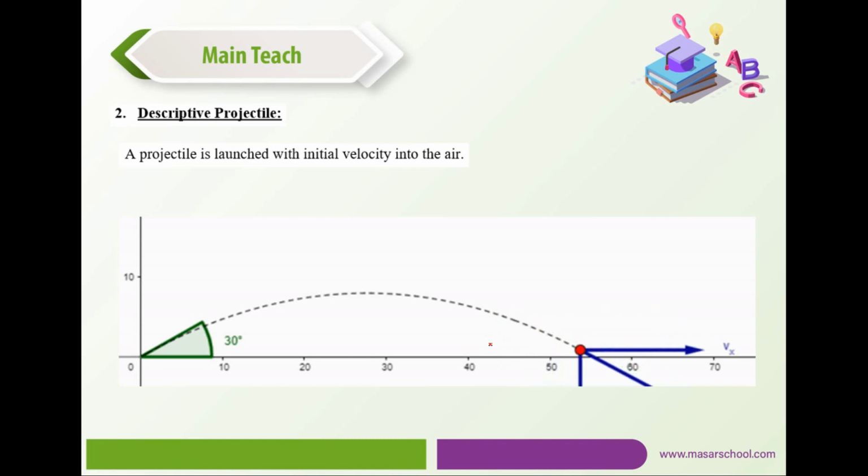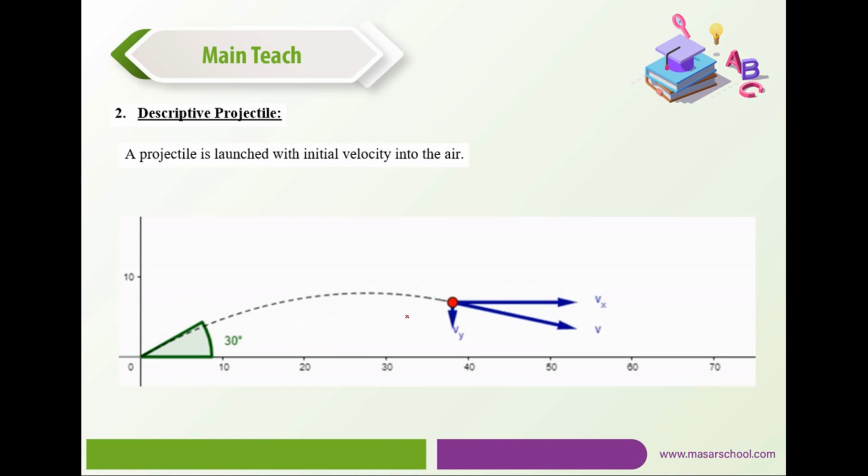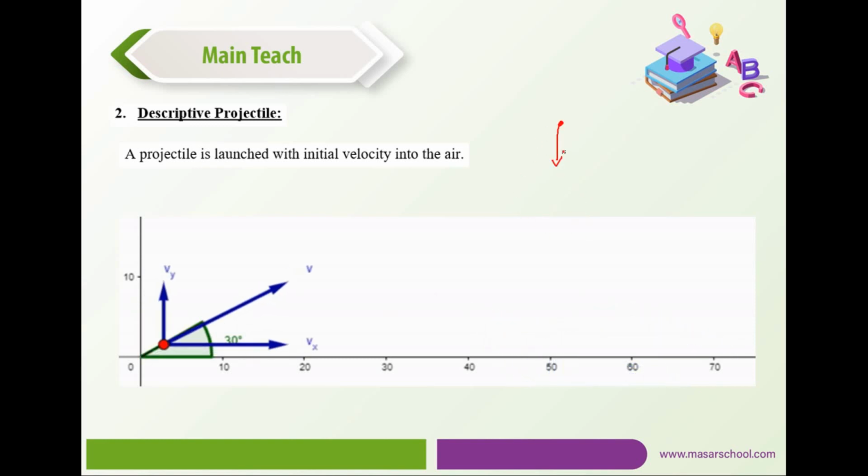Now if you look carefully at the animation from the launching point to the landing point, if you look at Vx, the magnitude of Vx is not changing and the direction is not changing at all, simply because along the x-axis we don't have any force. The only force acting on such a motion is the pull of gravity, which is downward, and along the x-axis we don't have any force.